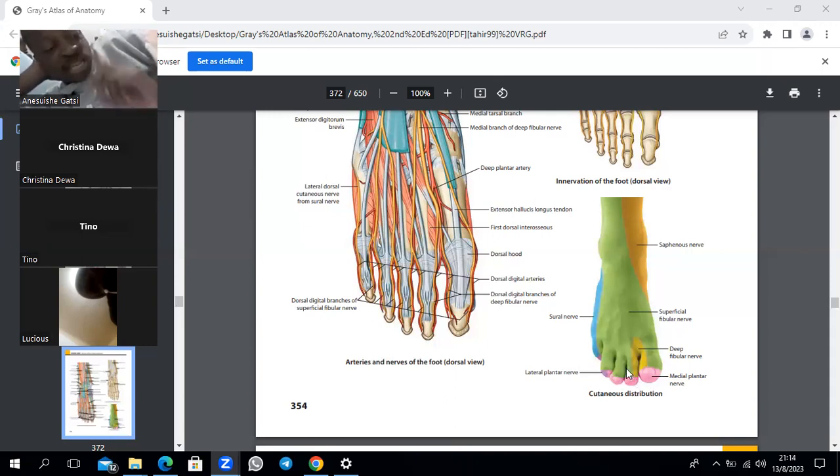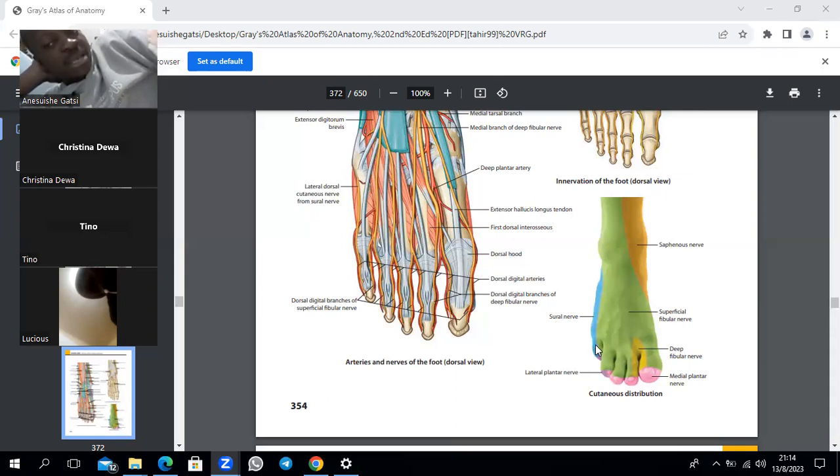The foot and the hand are the same. So the same concept in the hand, where you'd say that nerves on the palm of the hand extend to innervate the nail beds. It will be the same on the foot. The nerves that innervate the skin on the plantar aspect of the foot are the ones that innervate your nail bed.